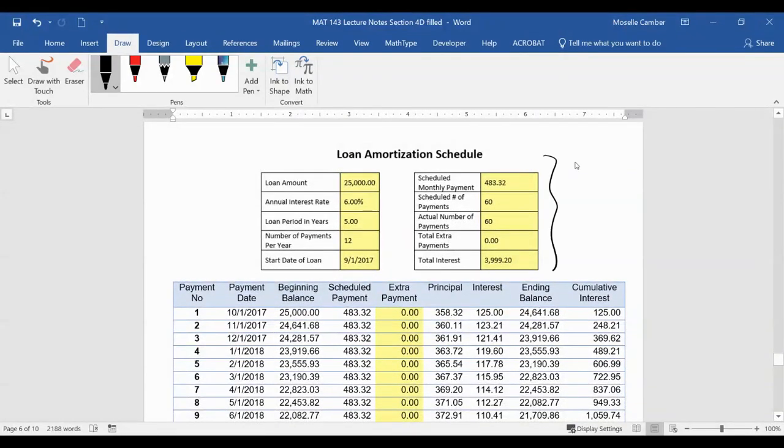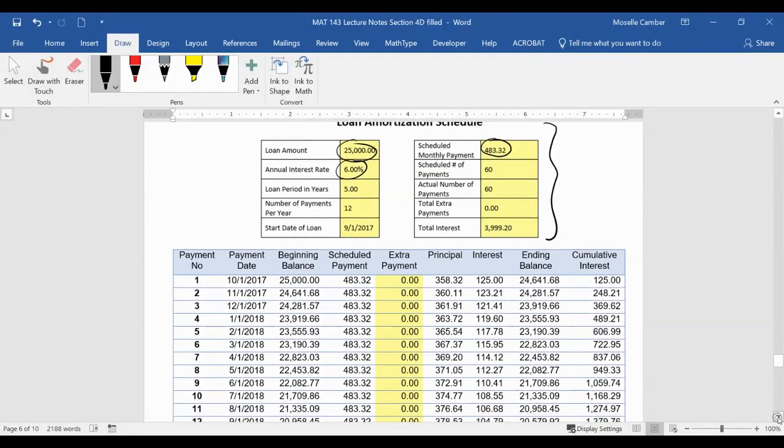So up here we have just all the basic information of the loan. The payment is $483.32. We're going to make 60 payments, 5 times 12. We're taking a loan of $25,000 with a 6% interest rate, and everything else is calculated off of that.